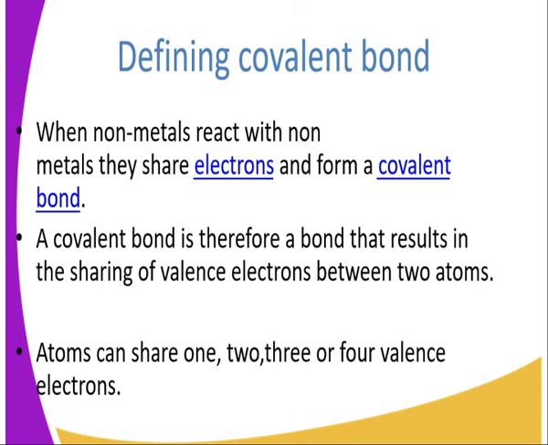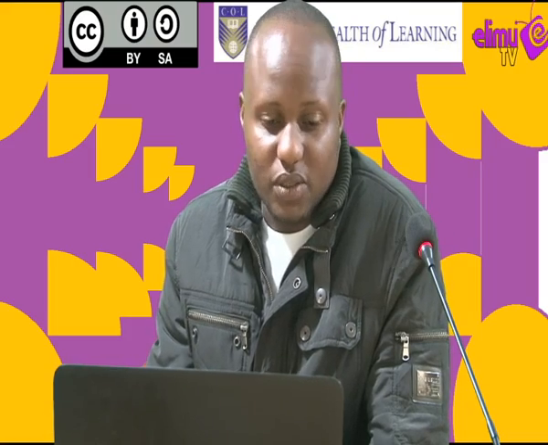So, what is a covalent bond? When non-metals react with non-metals, they share electrons and form a covalent bond. A covalent bond is therefore a bond which results in the sharing of valency electrons between two atoms. The atoms can be of metals or non-metals.